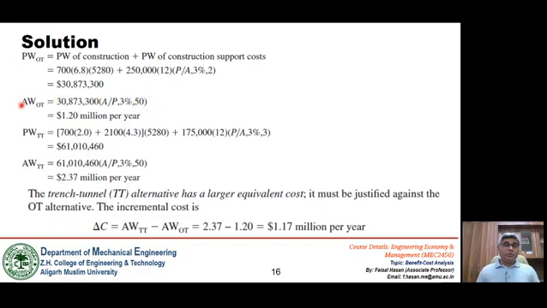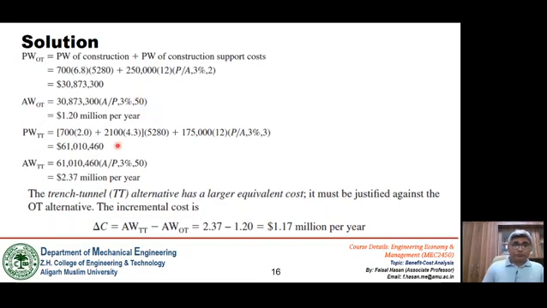If we compute this with the formula we discussed earlier, it comes out to be $1.2 million per year. So this is the annual worth associated with the open trench project for a lifespan of 50 years. We have converted the data into annuities for a period of 50 years.